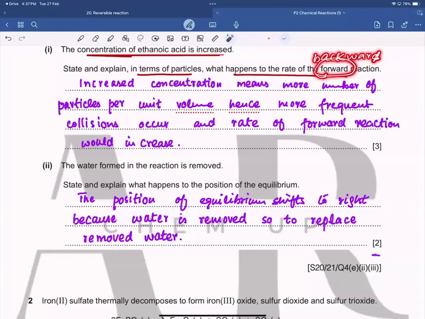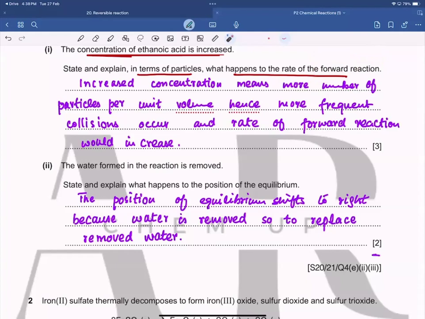When the particles are further away, they will take more time to collide, so there are less frequent collisions and the rate would decrease. So it doesn't matter whether the reaction is forward or backward, the rule is the same for the rate. It matters only when you have to choose the position of equilibrium. Is this understandable? Yes, sir.